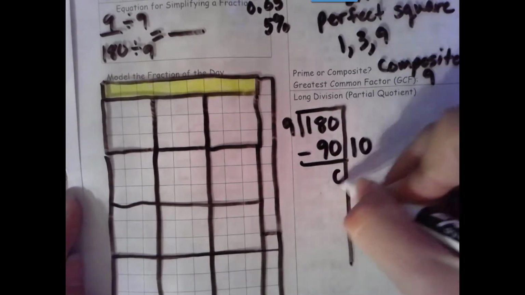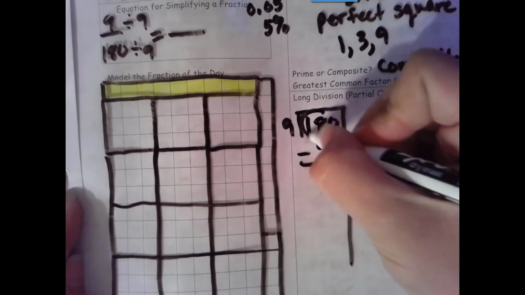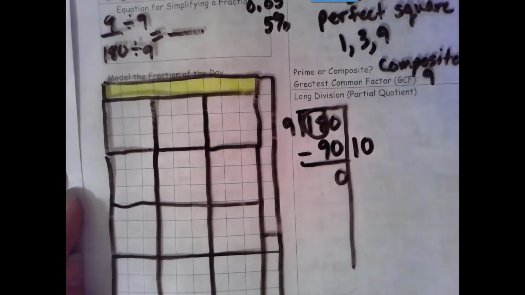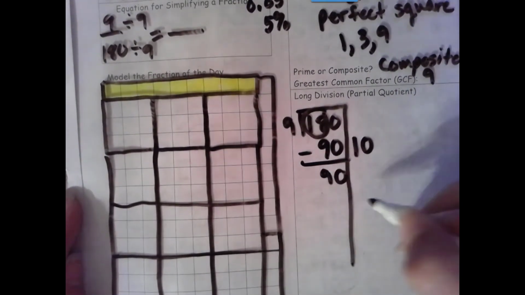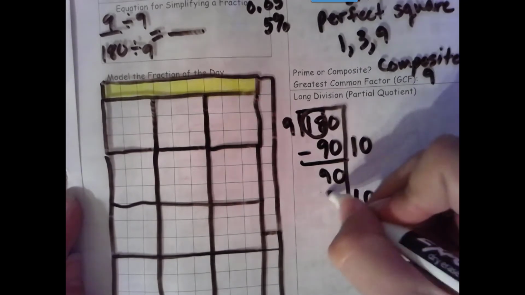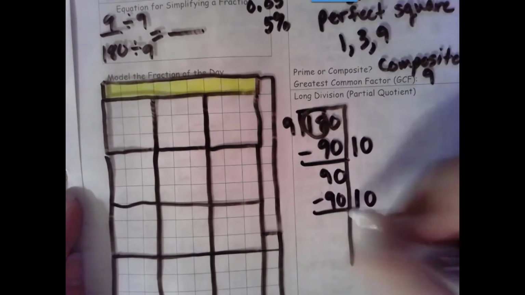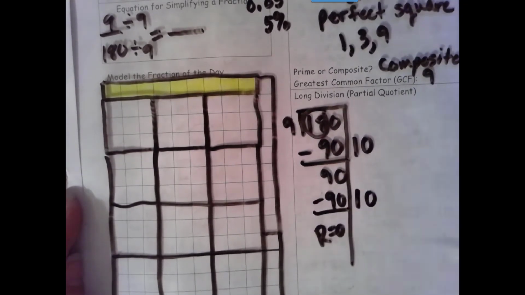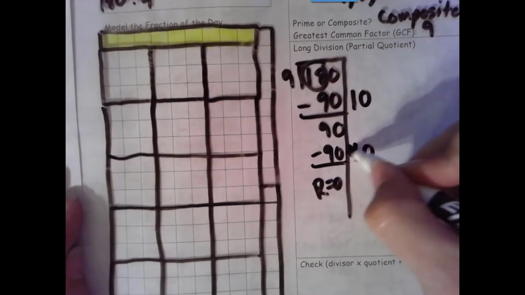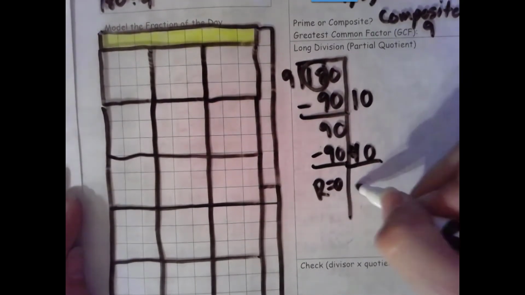Numbers the same, 0 is the game. And then this is just 18 take away 9, which is 9. 10 times 9 is 90. Numbers the same, 0 is the game. Okay, and then let's add these partial quotients. 10 plus 10 is 20.